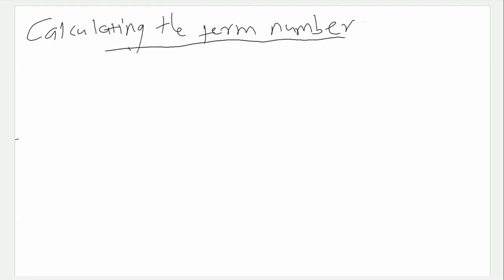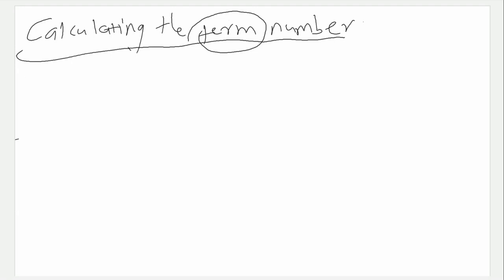In number patterns, they will always ask you to calculate the term number in the sequence. Usually this question follows after you found the general rule for the term or for the sequence. This is also simple, but with practice you will easily see that it's not really complicated. This is different from calculating a value of a term.